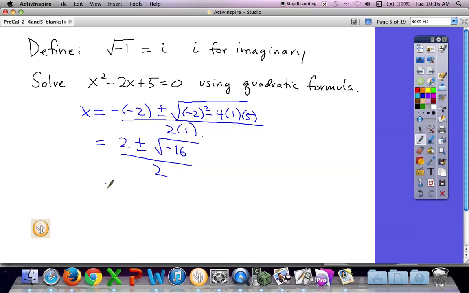That makes this whole thing 2 plus or minus 4i over 2, which is 1 plus or minus 2i. So by introducing this concept of an imaginary number, we can find the last 2 zeros. They just don't happen to be real. They've got this imaginary quantity, the square root of -1, as part of the answer.